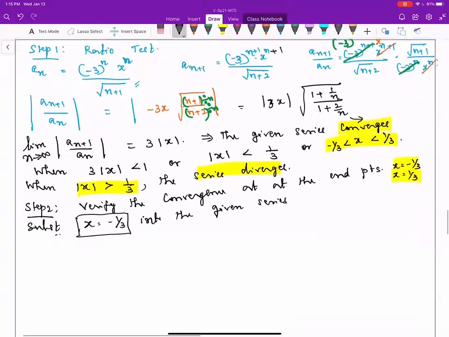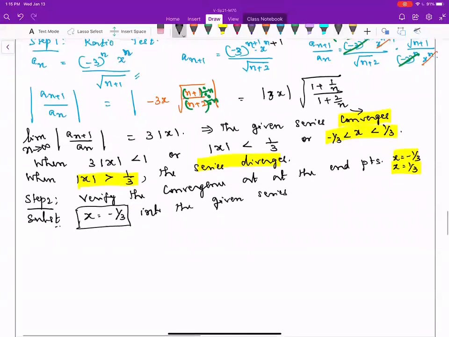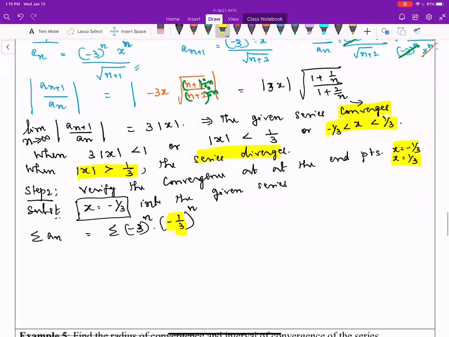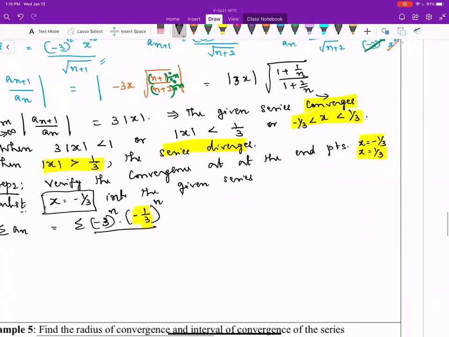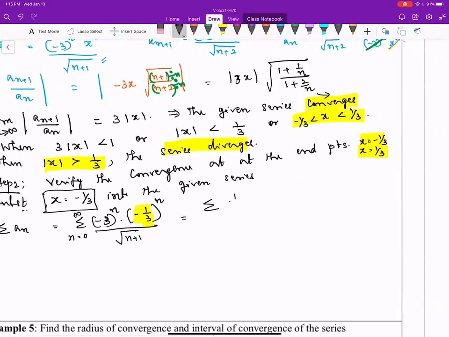So we get sigma a_n, which would be sigma (-3)^n, then we have x^n, where x must be replaced by negative 1/3, divided by square root of n plus 1. This turns out (-3)^n and (-3)^n will cancel out. So it becomes just 1 over square root of n plus 1.